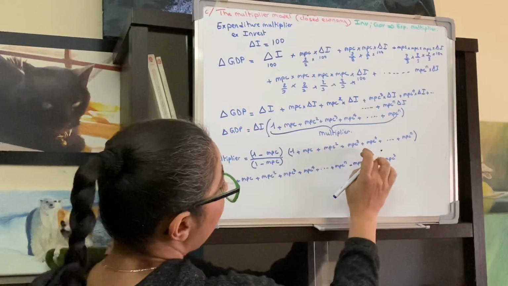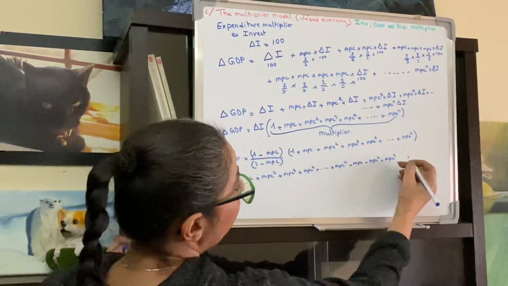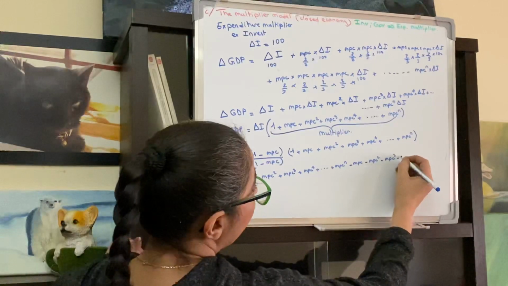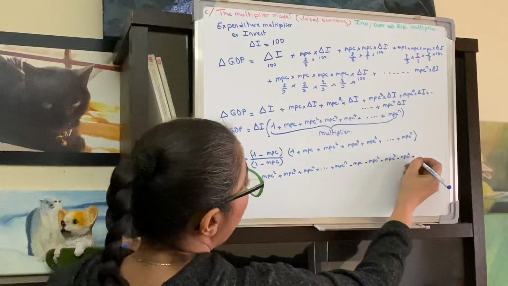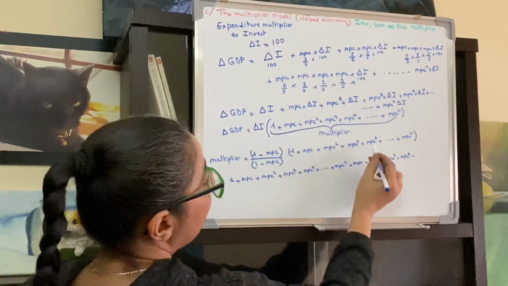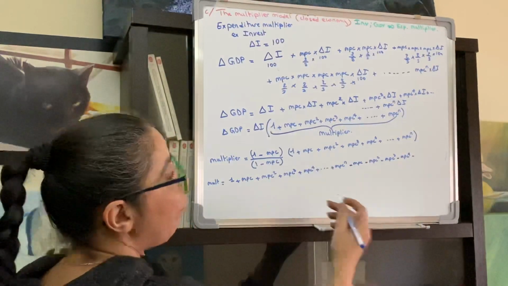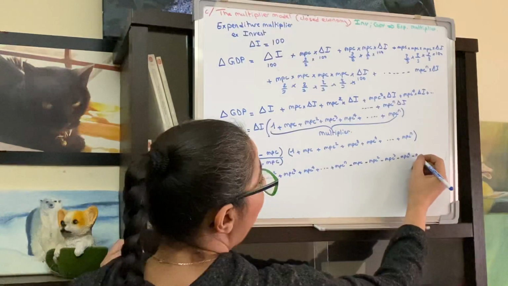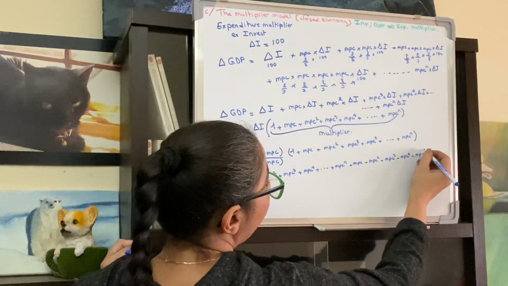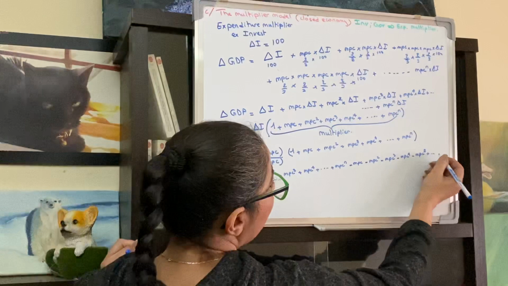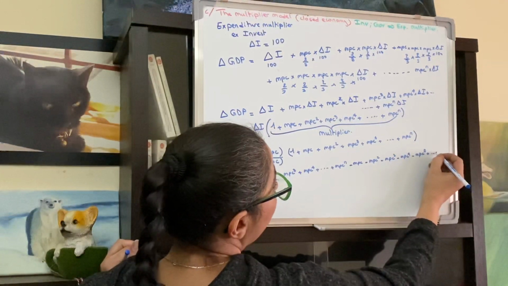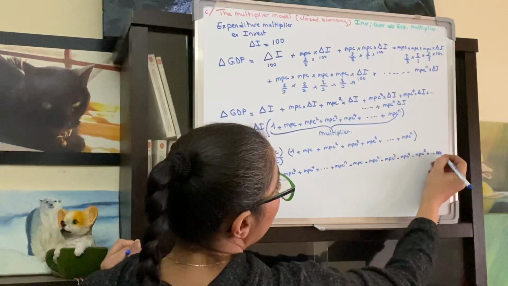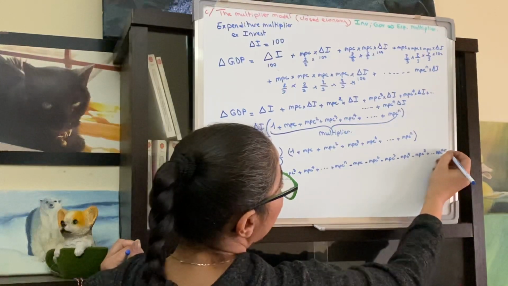Minus MPC times MPC cube is minus MPC power 4. And minus MPC times MPC to the power 4 is minus MPC to the power 5. Plus, and here it's going to be plus MPC to the power N plus 1.